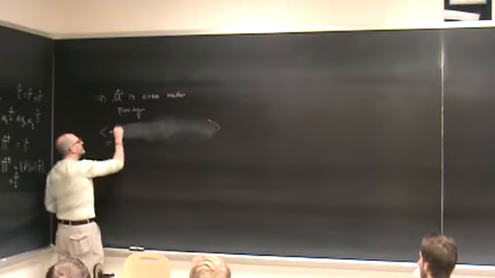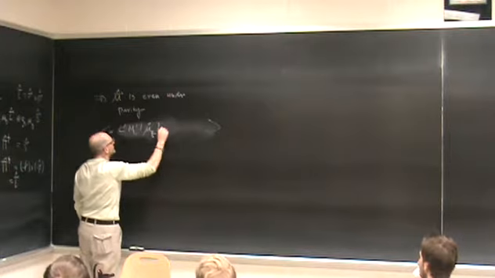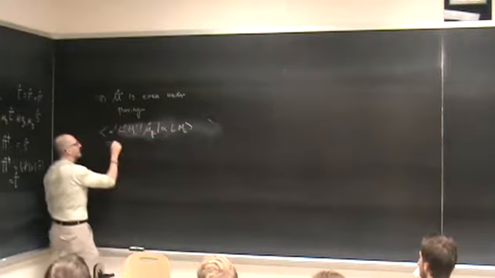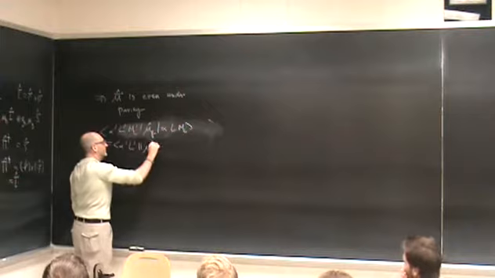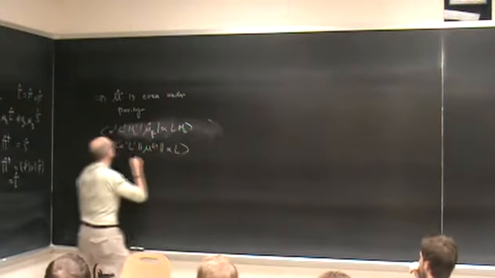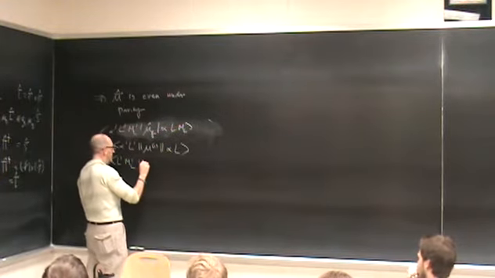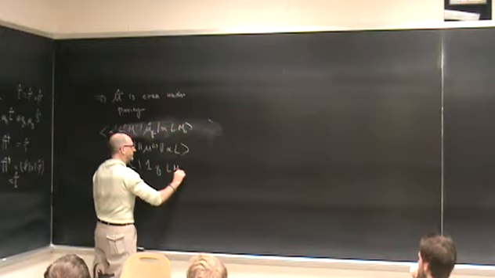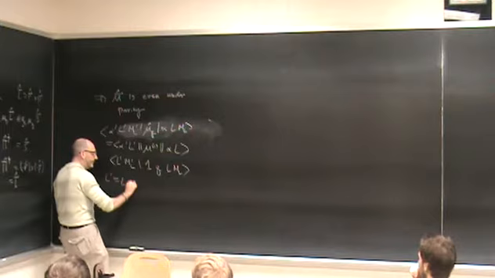So, come back. So this is equal to the reduced matrix element times L prime 1 Q L and L. Right? So by angular momentum conservation, this tells me this.